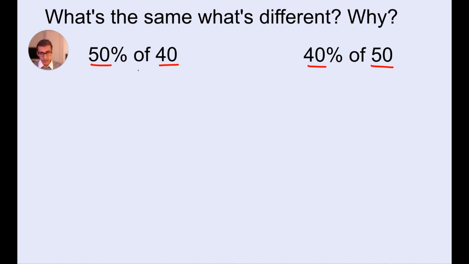Now you should know in maths, of means multiply. And you know from year 7 that when you multiply two things together, A times B is equal to B times A. So 50% of 40 is equal to 40% of 50.